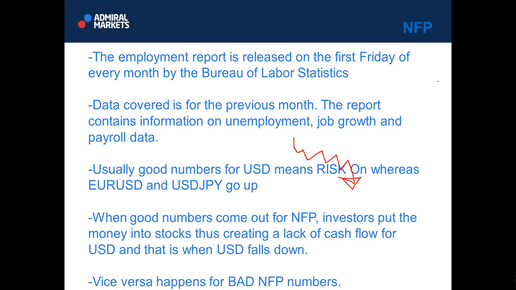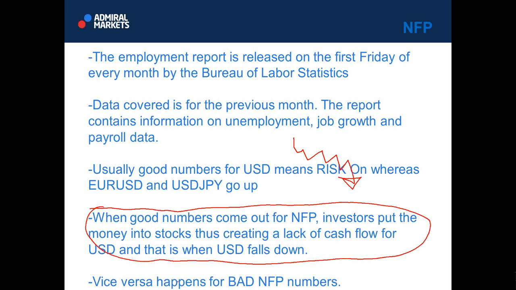But that disparity was created after some 3, 4 years ago, and that is also the situation for today. So this is important for you to know. And also the important thing is vice versa happens for bad NFP numbers, okay?